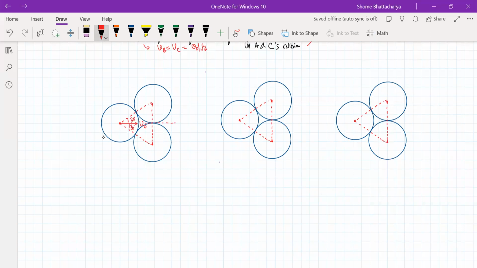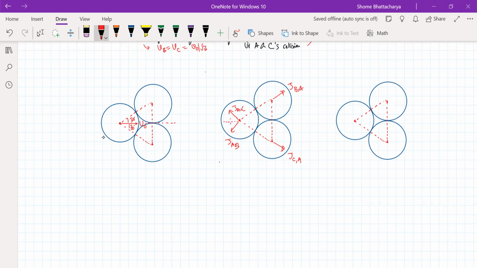During impact, A applied an impulse on B, and an impulse on C. So there is an equal and opposite impulse on A because of C, and an equal and opposite impulse on A because of B. The resultant of these two impulses will actually be backwards on A, so it will experience a net impulse in this backward direction.